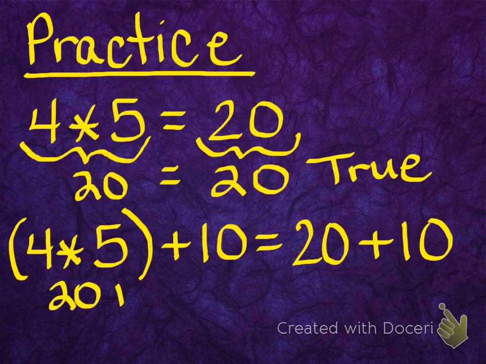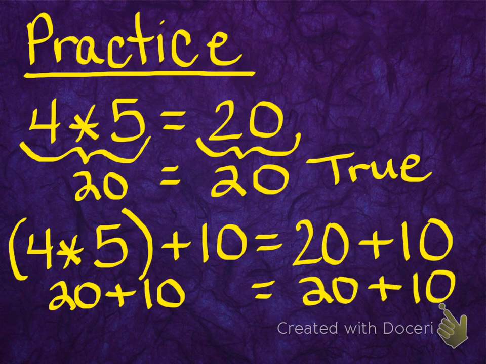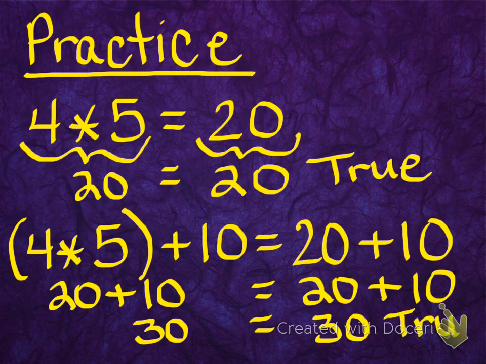And we're going to add 10 to that. And then we still have 20 plus 10 over here. And 20 plus 10 on the left is 30. And 20 plus 10 on the right is 30. So 30 does equal 30. So this number sentence would be true. Okay?